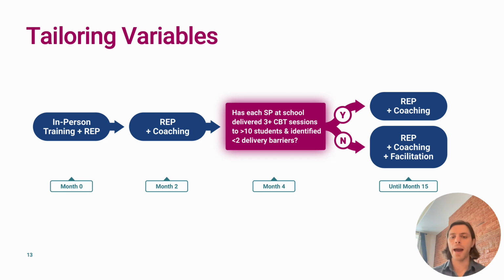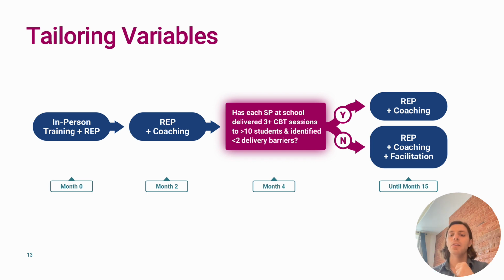So what we do is we're going to aggregate those variables up to the school level. So our actual tailoring variable is going to be a binary 0-1 variable. It's either every school professional in the school has provided 3 or more CBT sessions to at least 10 students, or they haven't.